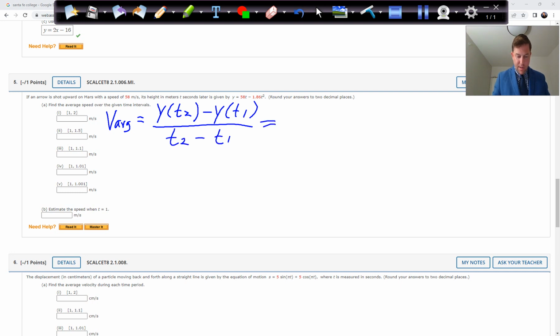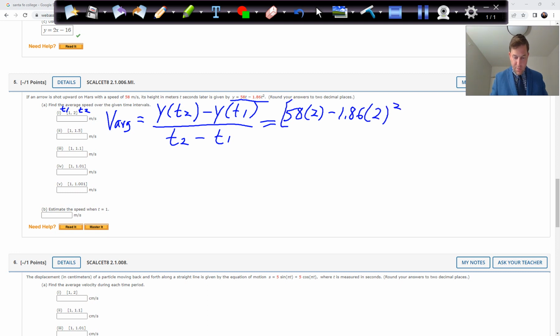Okay, so in this problem they give us 2 times, 1 and 2. So the first number is t1 and the second number is t2. And they are 1 and 2. So here's how you do this. You plug in 2 into this y equation here. So it's going to be 58 times 2 minus 1.86 times 2 squared.